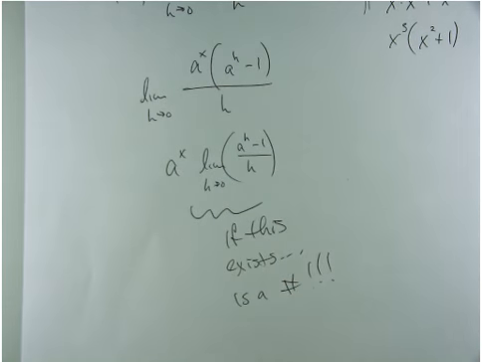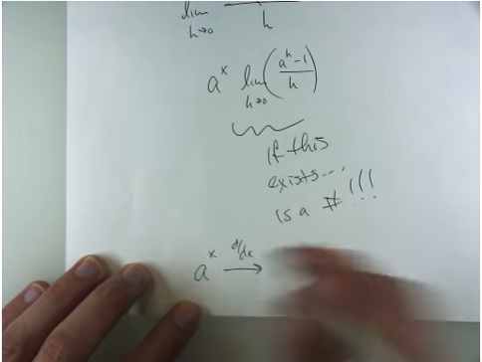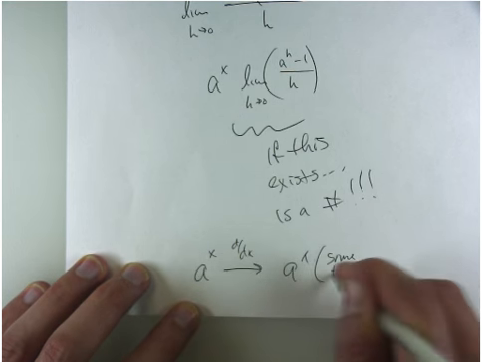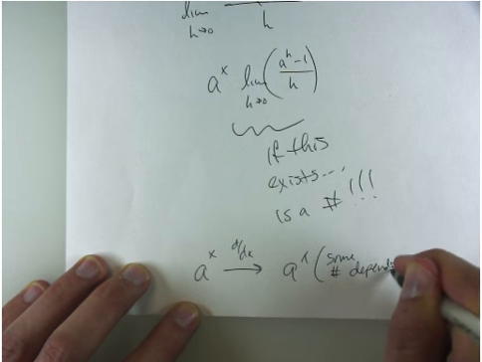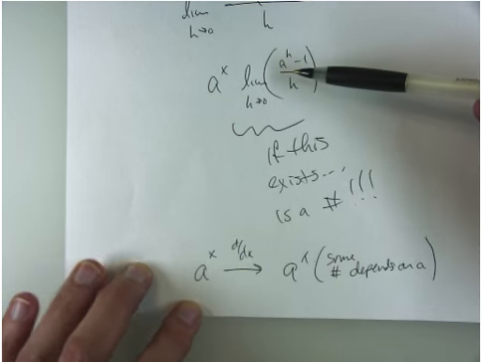That's awesome. Right? That tells me that the derivative of a to the x is just a to the x times some number. And that number is going to depend on what a was.